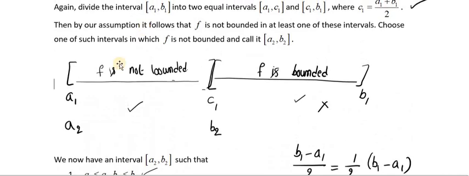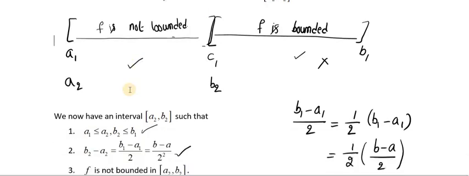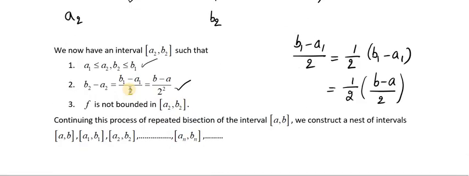Again we are going to divide this interval into two equal parts. Like that, we are going to divide the interval in which f is not bounded. Then we get nested intervals.